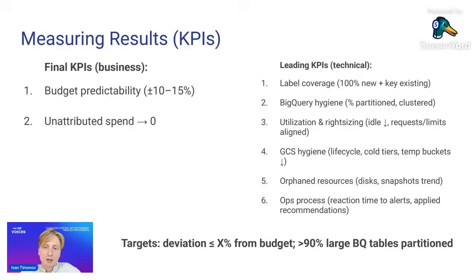Average reaction time to budget alerts and number of recommenders applied per week or month. Consider setting targets for budget predictability, for example, deviation no more than 15% from budget. For leading metrics, we define coverage thresholds. For example, more than 90% of large BigQuery tables must be partitioned.